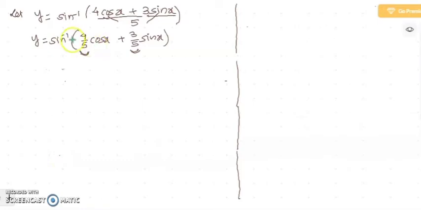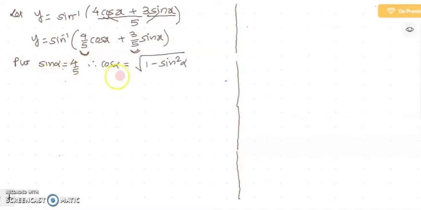If you put 4 upon 5 as sin alpha, it's a constant, so I can consider it as sin alpha or any other constant. So let's put sin alpha equal to 4 upon 5.